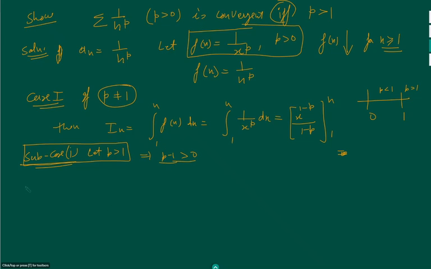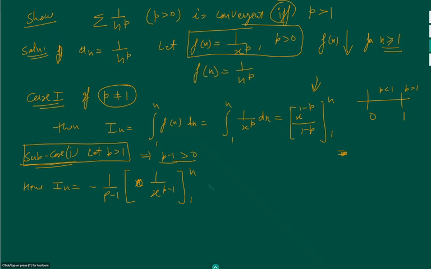So hence I_n, which we have calculated to be this, would be equal to minus 1 over p minus 1. This was 1 minus p, so you can make it p minus 1 and take it out, and then you have 1 over x raised to the power p minus 1, from 1 to n.